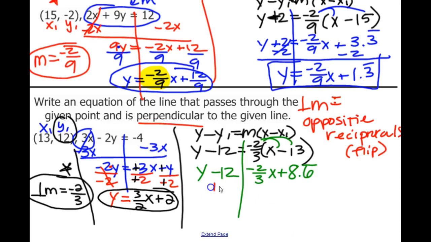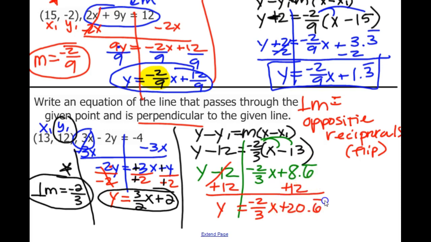And then last, we need to add 12 to get the y all by itself. So we have negative 2/3 x. And then 8 plus 12 is 20, and we have the 0.6. So this would be the answer I'm looking for. Usually you won't get a weird decimal like we did on these, but for these ones, that's just what happened.